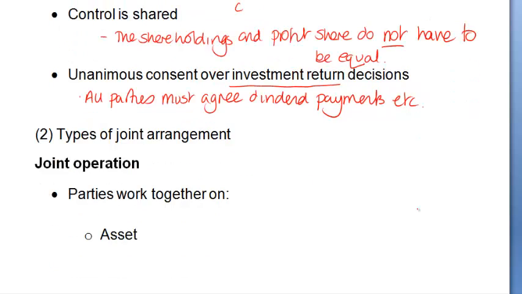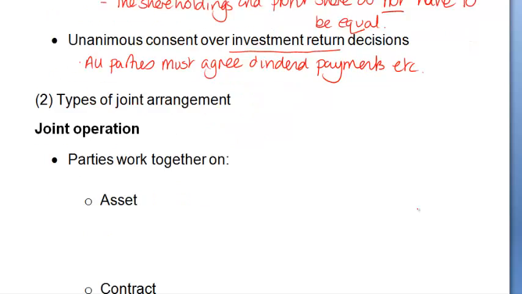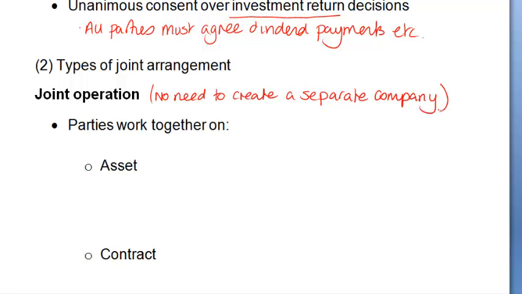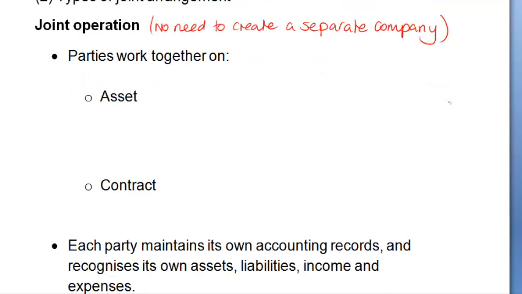Now we've got our 2 types of joint arrangement. First of all, we've got a joint operation. And with a joint operation, there is no need to create a separate company. So it could be that we're working together on an asset.